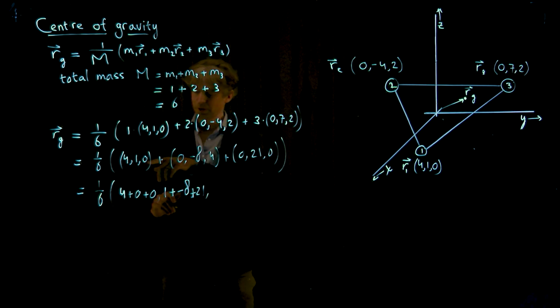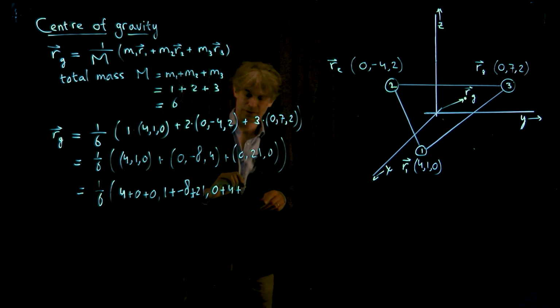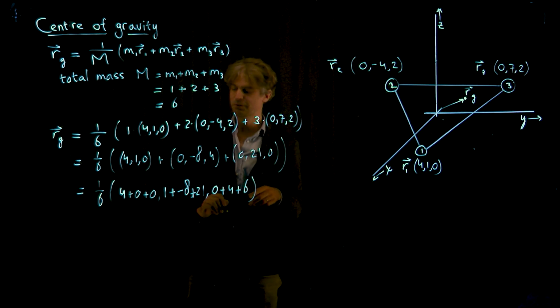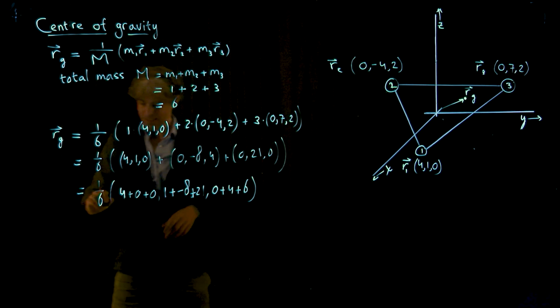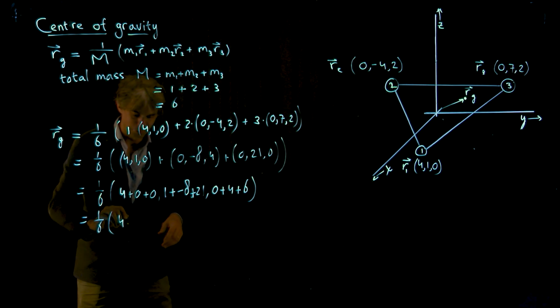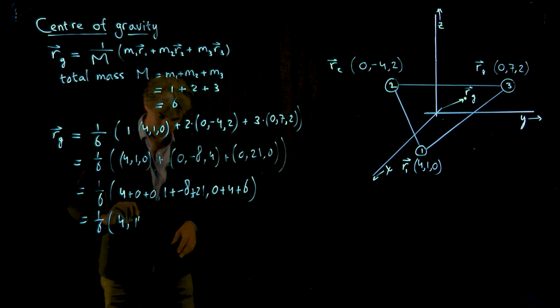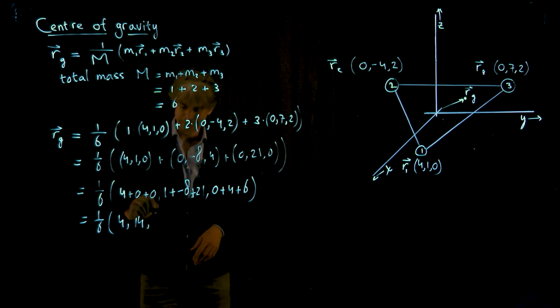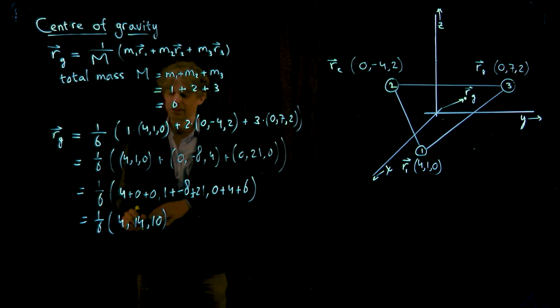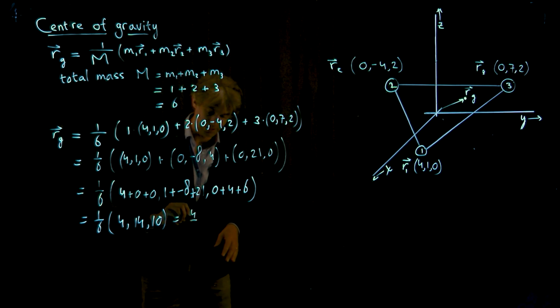And then the last one is 0 plus 4 plus 6. Okay, so far so good. Now let's compute the outcome of those sums, which will be 4, 14, and finally 10. And then I have another scalar multiplication, so that will be 4 over 6, right?